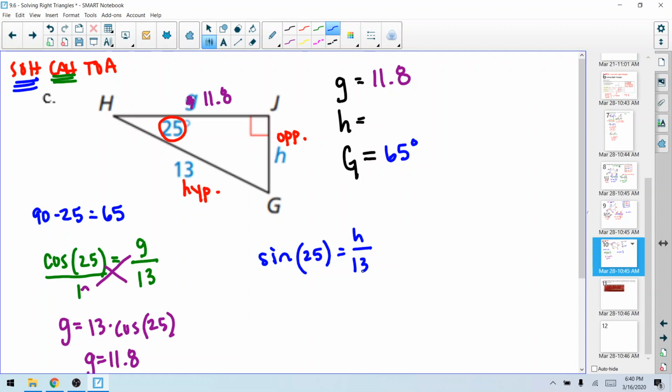Are you trying to find a missing side, or are you trying to find a missing angle? Because we're trying to find a missing side, do not use an inverse trig function, just basic cross multiply. So 1 times H is H equals 13 times the sine of 25, and then grab your calculator. So 13 times the sine of 25, control enter, 5.5.